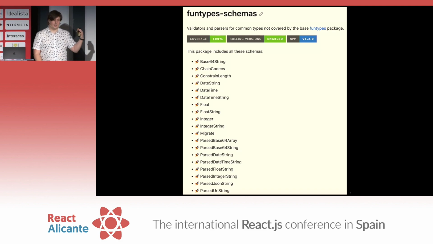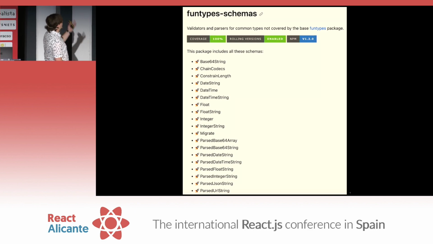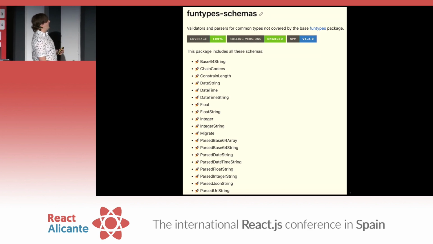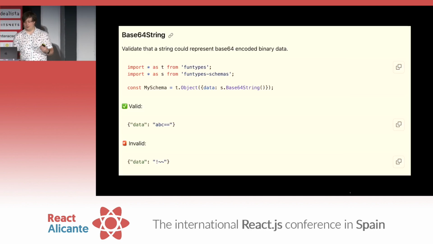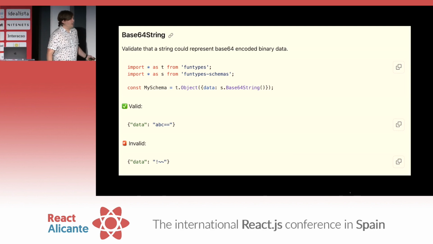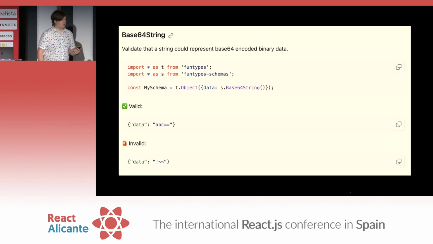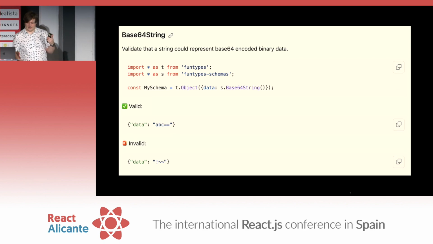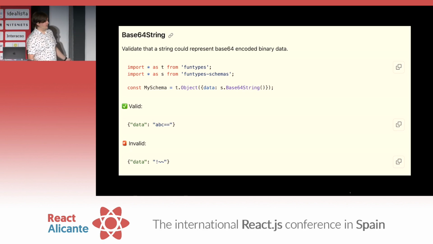So funtypes comes with this companion package called funtypes schemas, and it implements all of these additional types, some of which are pure validation. So for example, base64 string is essentially a validation that says, is this a string? And if it's a string, is it valid base64 encoded data?